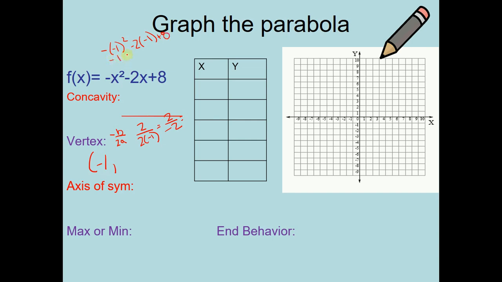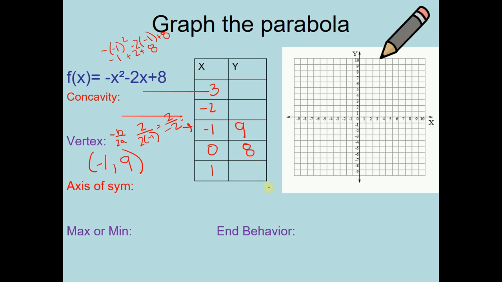So negative 1 plus 2 plus 8 should be 9, right? Place that in the middle, so I get negative 1, 9, negative 2, negative 3, 0, and 1. 0 is 8.